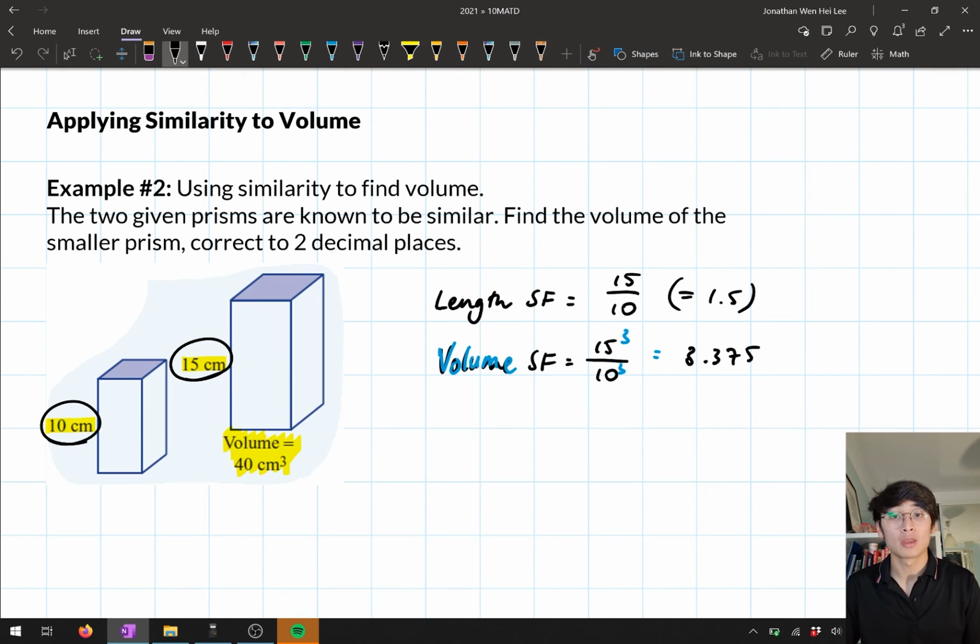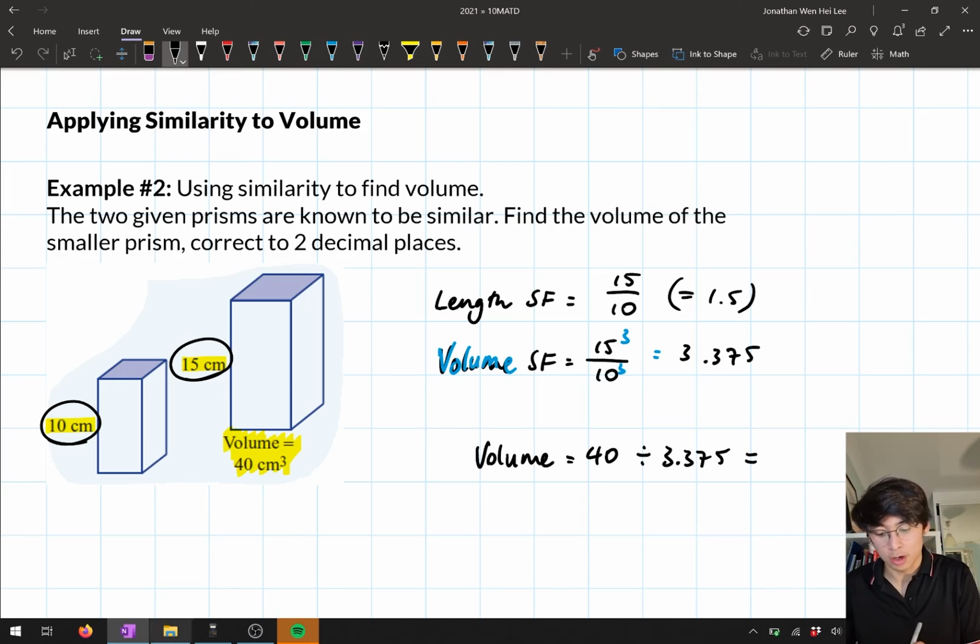So for this one, if I want to find the volume of the smaller prism, I'm going to take the volume of my larger prism, that's 40, but this time because we're going backwards, instead of multiplying by 3.375, because I want to go to the smaller one, I need to divide by 3.375.